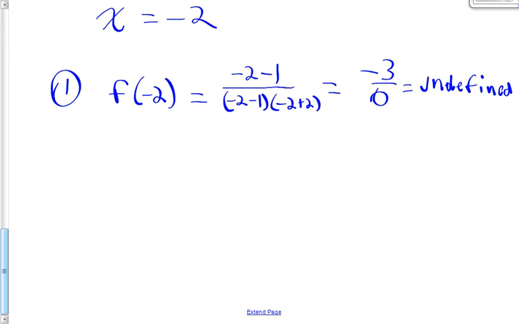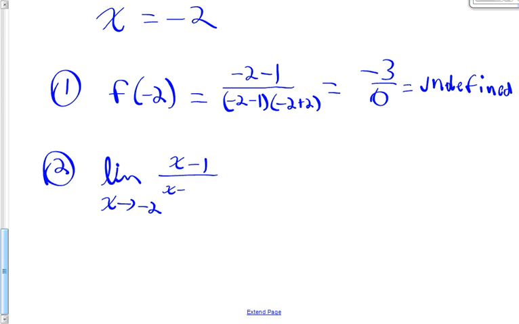If I want to know if it's a removable or non-removable discontinuity, all I have to do is check the second criterion, the limit as x approaches -2 of x minus 1 over x minus 1 times x plus 2. Direct substitution still gives me undefined, because once again I have -3 over 0.